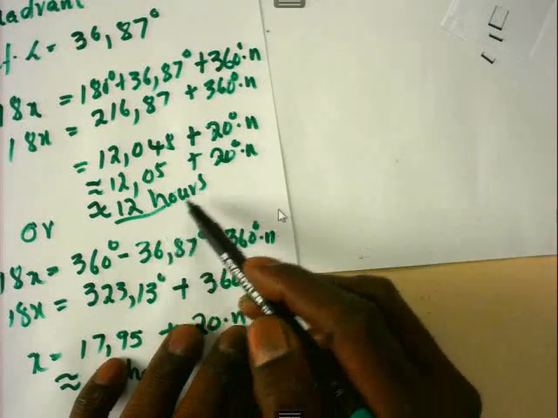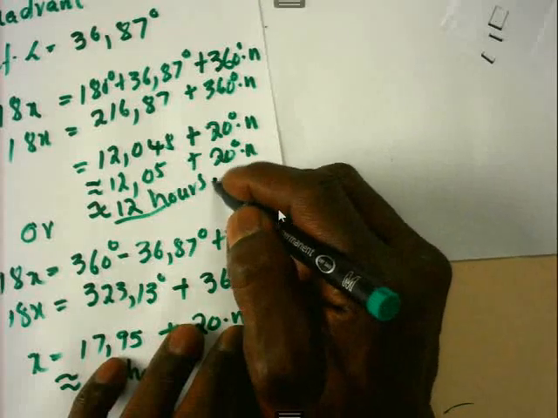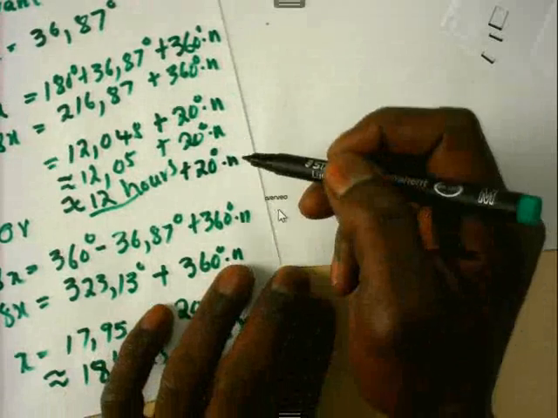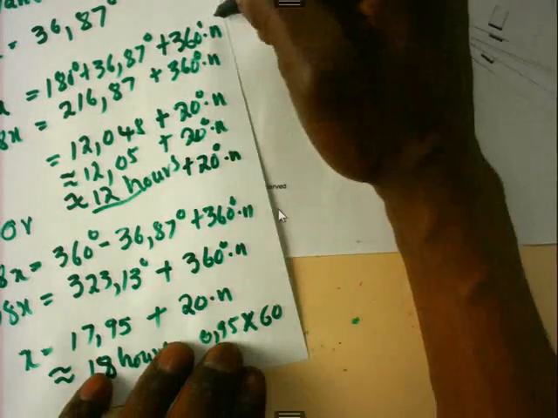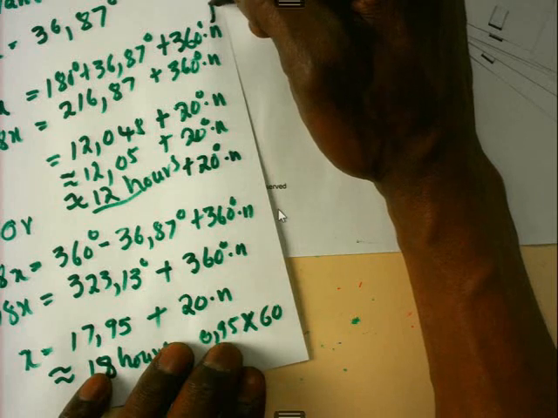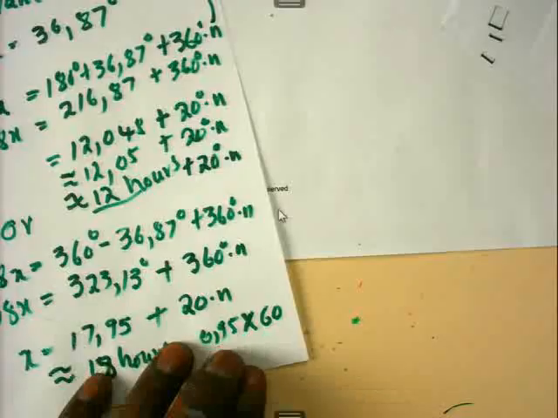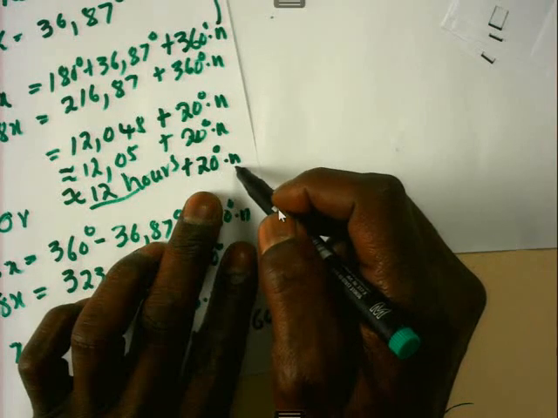I went up to this step. So I'm having 12 hours plus 20 degrees times n. Now, I go back. Remember, n must be an element of integers.